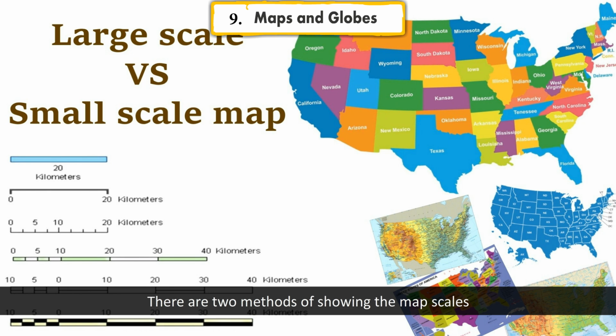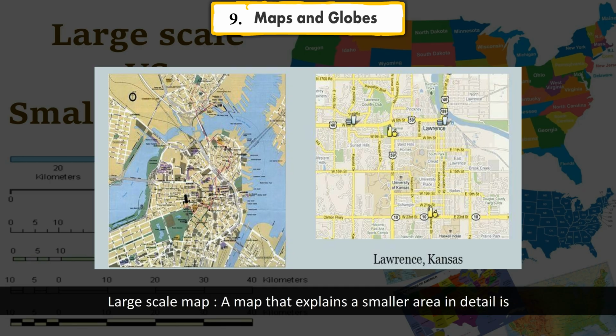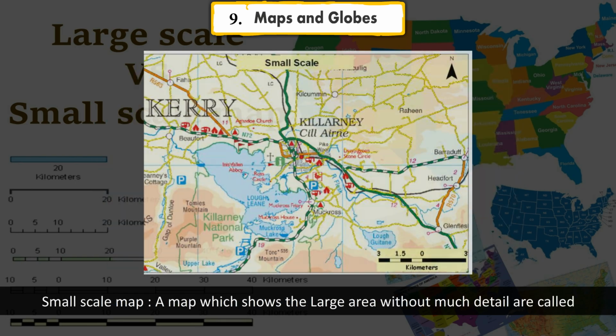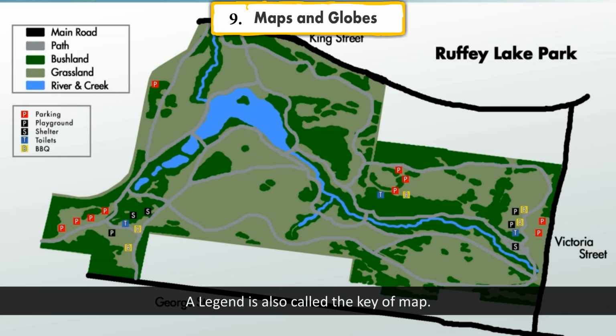There are two methods of showing the map scales. Large scale map. A map that explains a smaller area in detail is called a large scale map. These maps are also called plans. Small scale maps. A map which shows a large area without much detail is called a small scale map.